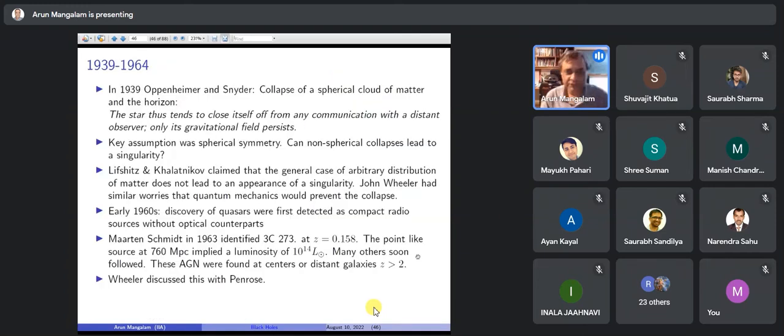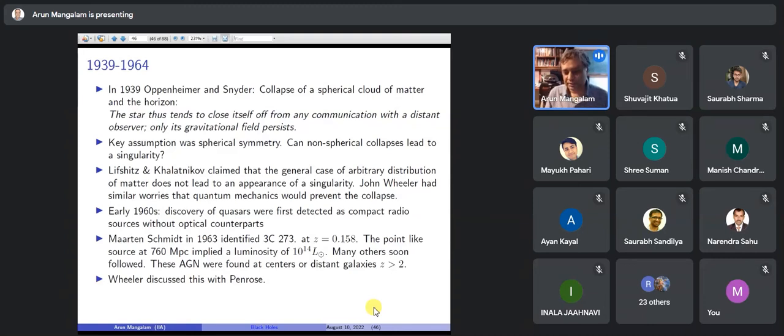Okay, the history of this goes back to 1939 to 1964, where people were trying to calculate the collapse of a spherical cloud of matter. And the star tends to close itself off from any communication with a distant observer. So the key assumption here was spherical symmetry.